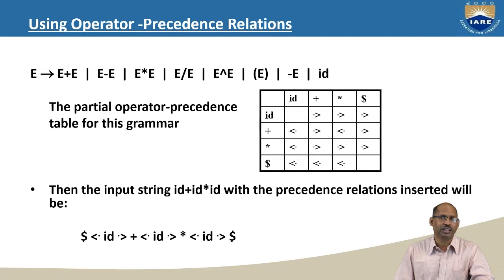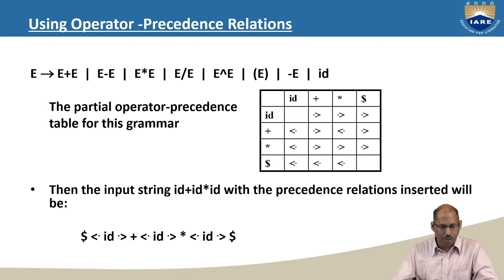We insert all the precedence relations between the operators. Consider this grammar: E goes to E plus E, E minus E, E into E, E slash E, E power E, parenthesis E, unary minus E, and ID. This is a grammar for operators. For this grammar, we are considering only a partial operator precedence table; later, we'll see the complete table.